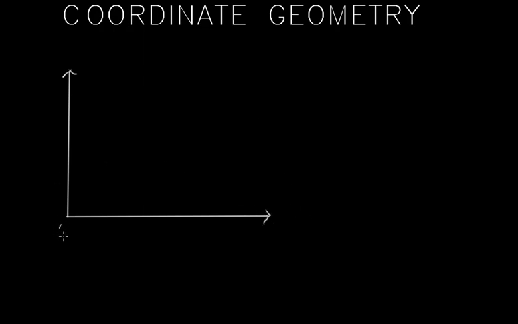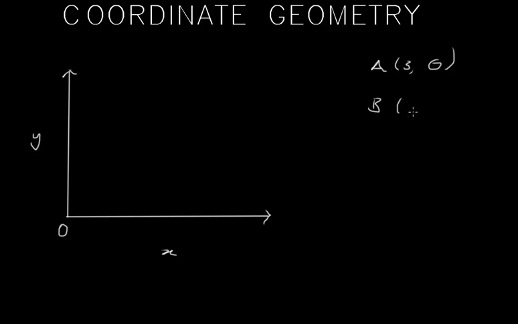This is the 0 point, this is the x-axis, and this is the y-axis, and we're given 2 points, point A and point B. Point A is 3, 0, right?